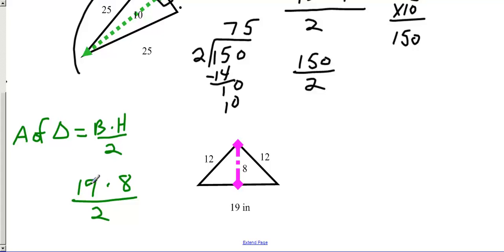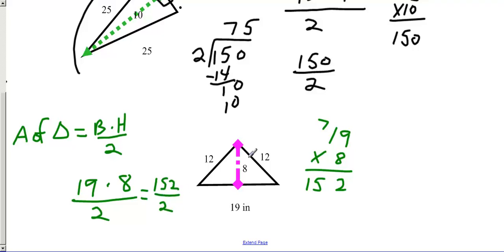So the first thing I need to do is 19 times 8. Okay, I can do that. 19 times 8 is 72. 8 times 1 is 8. Plus 7 is 15. 152. So this equals 152 over 2.